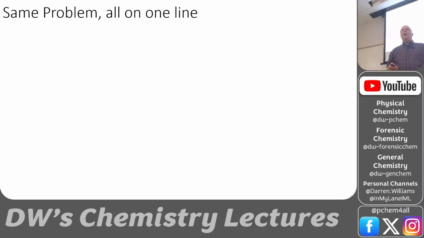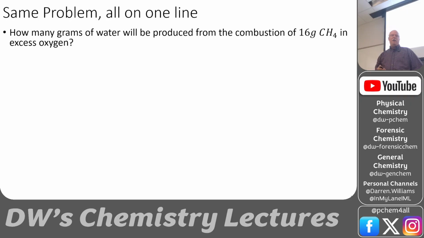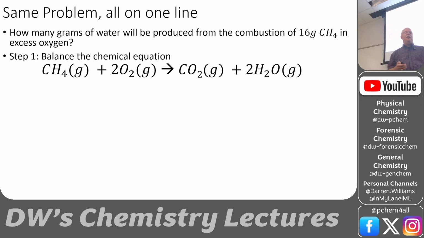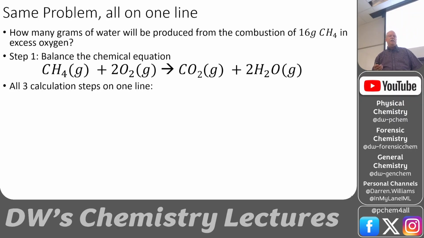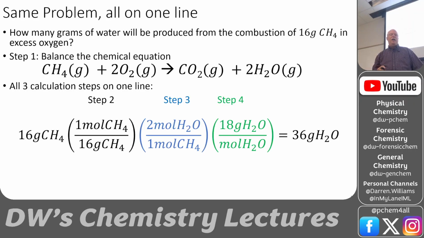So let's do the whole problem all in one step. This may be how you learned it. So this is the same words, the same problem. Step 1's balance the chemical equation. Step 2, 3, and 4 are all in one line here. So I just built this train one car at a time. I get out of grams and into moles using the molar mass.